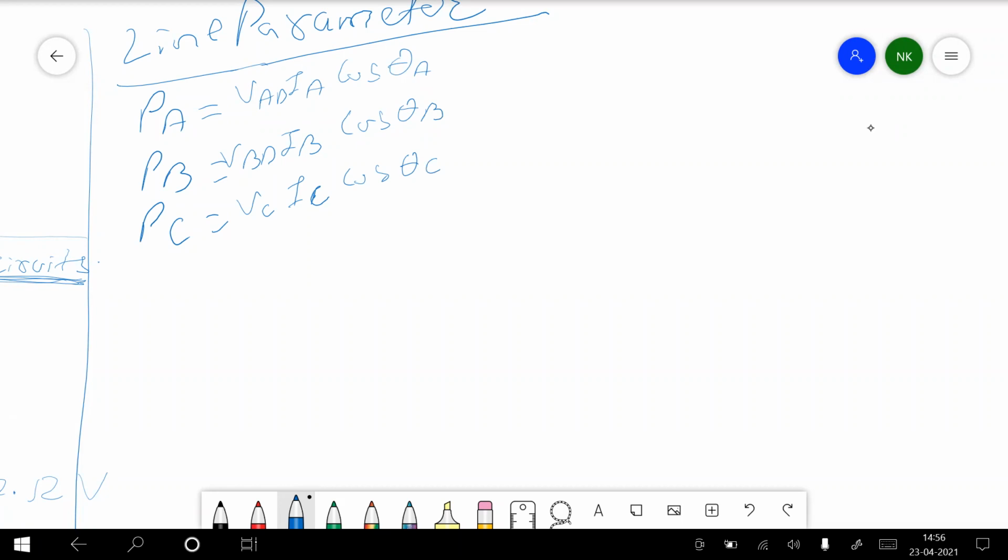We know our equation, VP equals VL at minus 30 degrees.